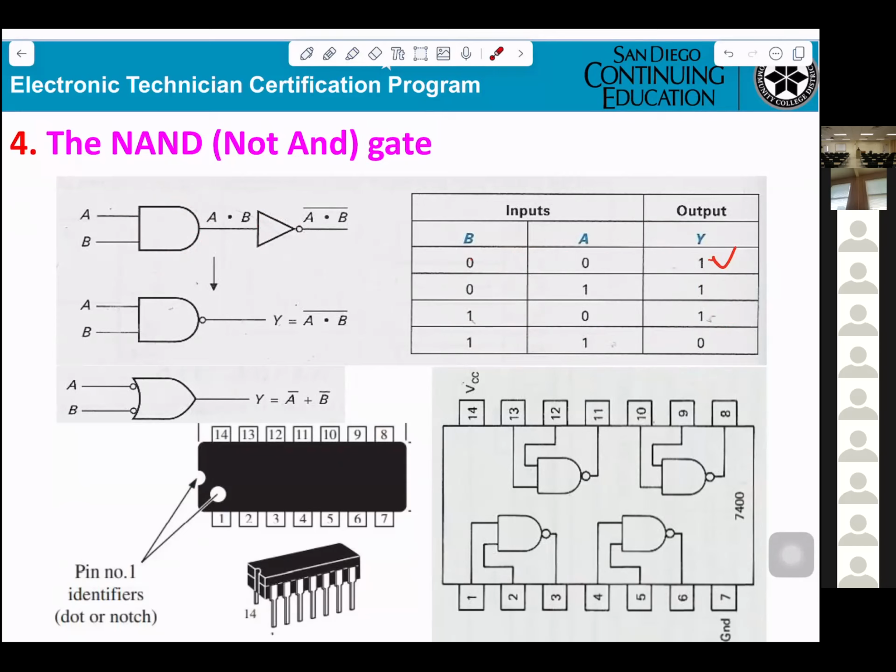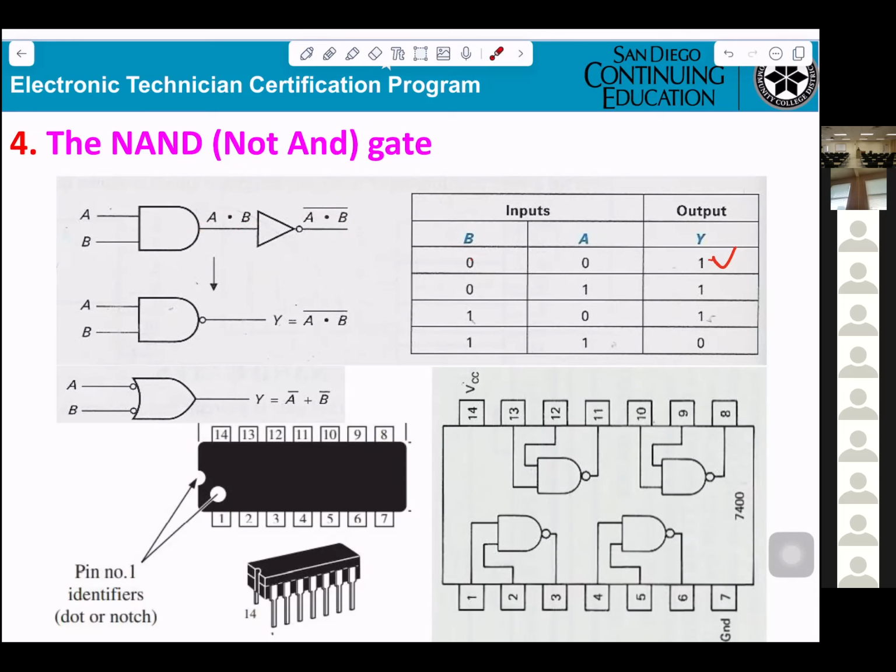Okay? A and B here. Output here A and B. And now you put a bar over A and B, not A and B, using the one we already passed through. Okay? Changing from product to the sum.